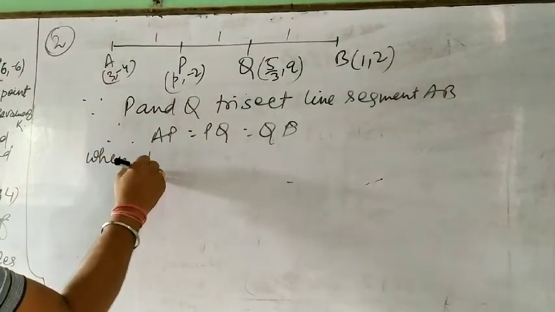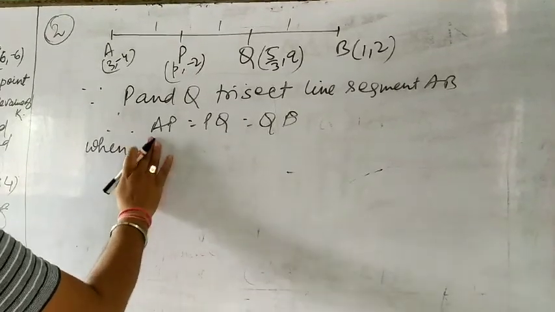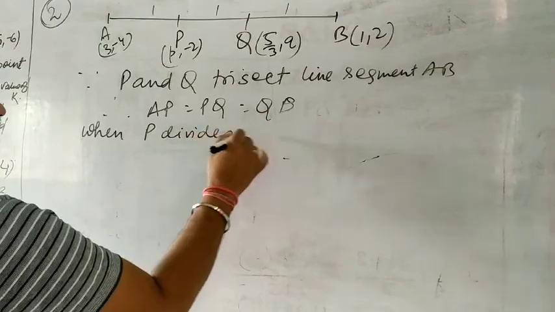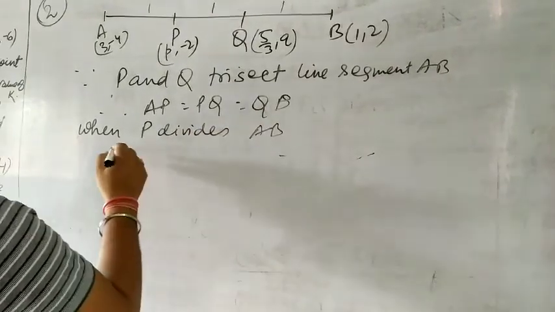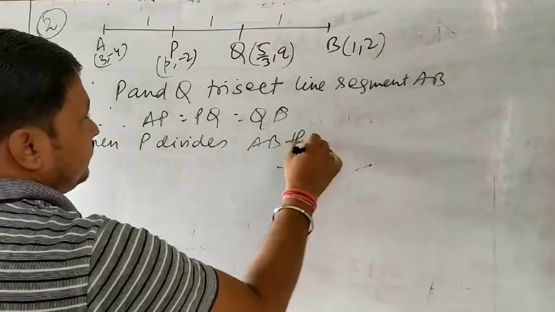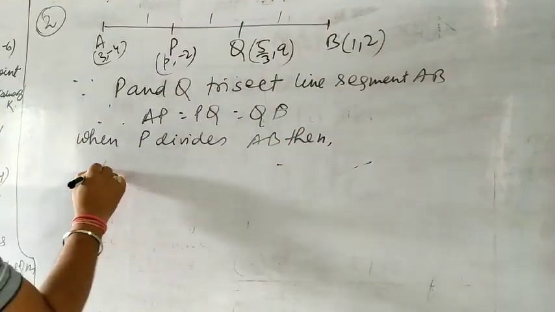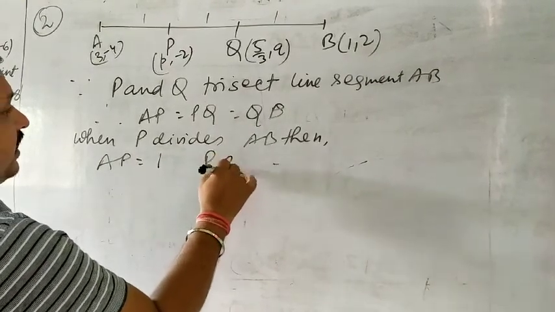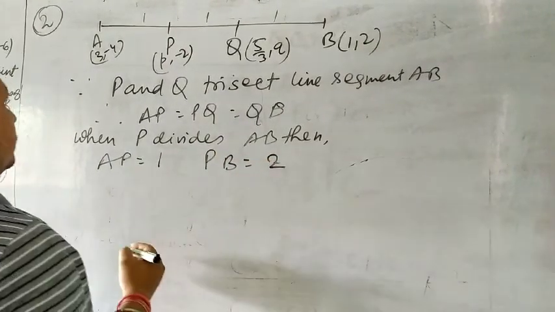When P divides AB, then AP equals 1 and PB equals 2.